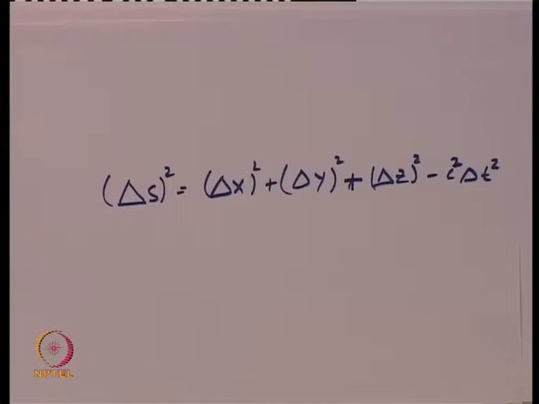And if I take the square root of that, that will be called the magnitude of the displacement. By the definition of dot product, this would be the same in all the inertial frames of reference, because that quantity is a Lorentz scalar. This does not change when we change the frame of reference. Delta x would change, delta y will change, delta z will change.